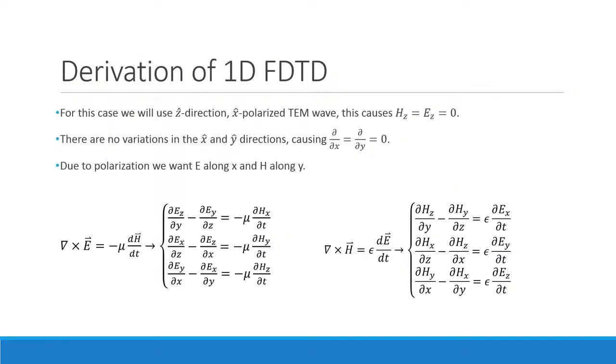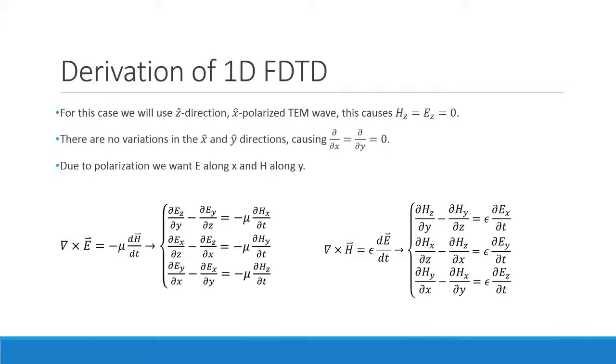To do this, we're going to assume that the plane wave is traveling in the z-hat direction, is an x-polarized TEM wave, that this causes h of z and e of z to equal 0. We're going to assume there's no variations in the x-hat and y-hat directions, causing the changes in x and the changes in y to equal 0.